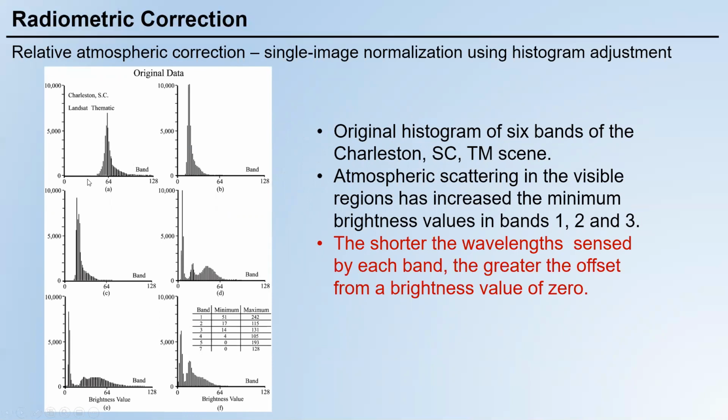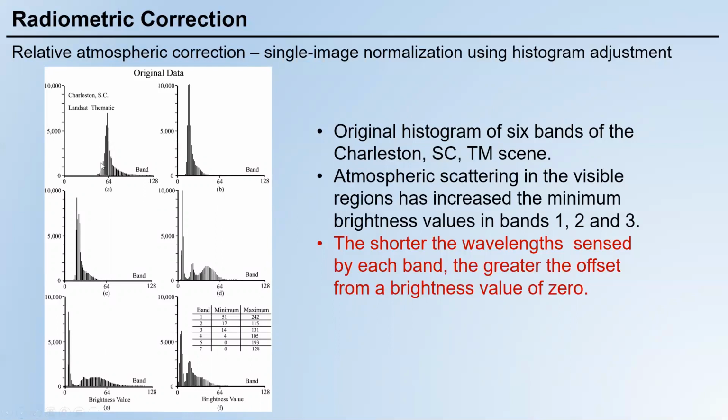The horizontal axis is the brightness value of that band. The vertical axis is the frequency for a specific brightness value. In other words, frequency is the number of pixels in that image that have a specific brightness value.